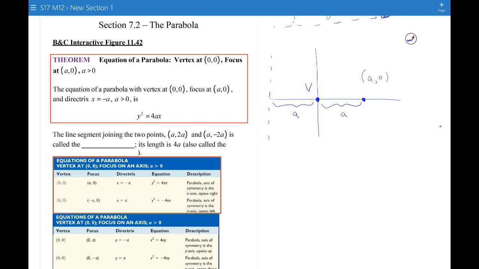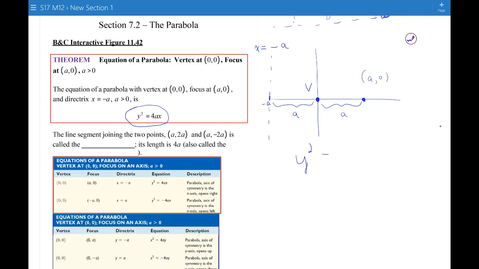This line is the directrix, x equals negative a, because this point would be a distance a to the left of the vertex, which is at the origin. Then the equation for all of the points on this parabola is y squared equals 4ax.